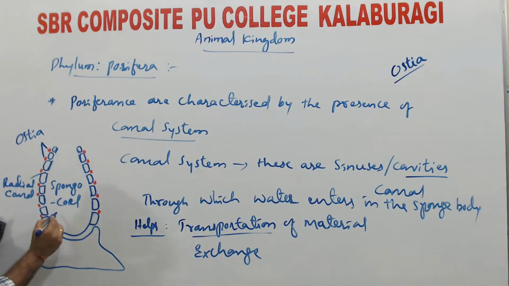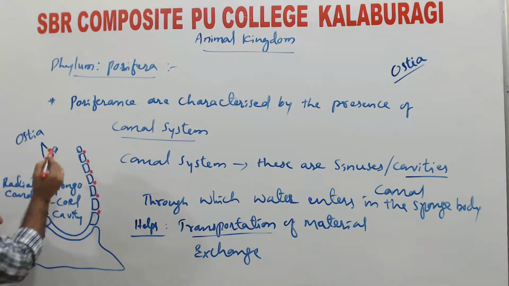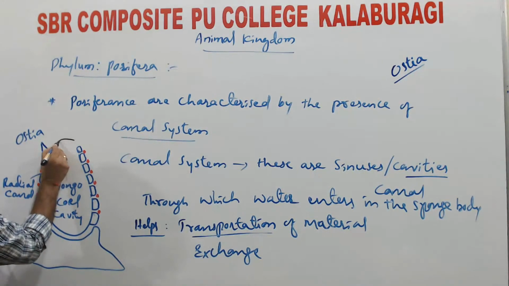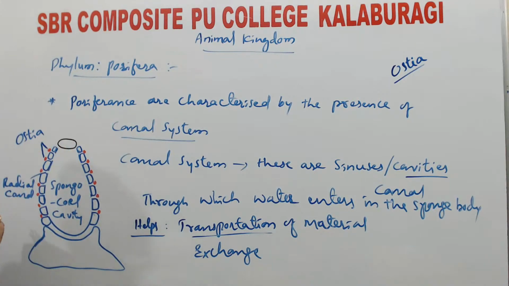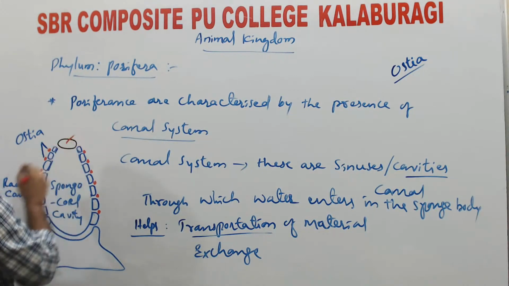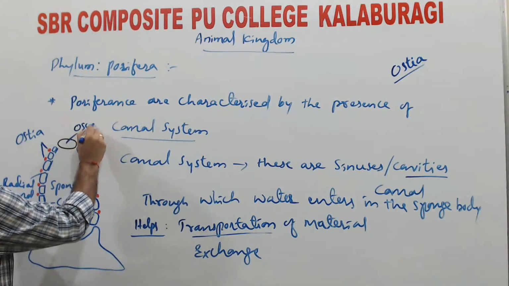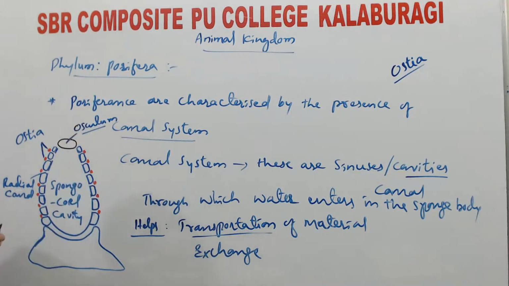Here one of the openings is called the osculum. This is a simple type of canal system which we observe in some poriferans.